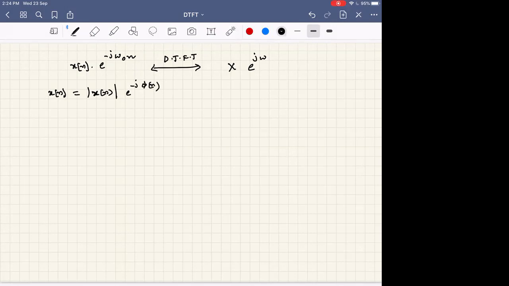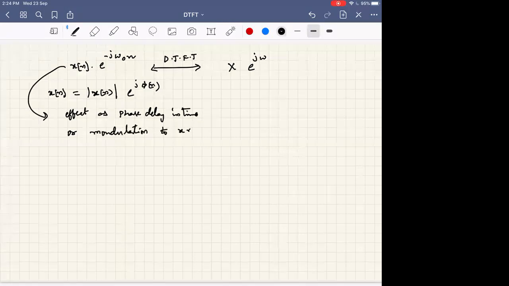Because of this, this is one thing, or we can also consider this as modulation. So this implies this has the effect of phase delay in time, or modulation, to x of n.